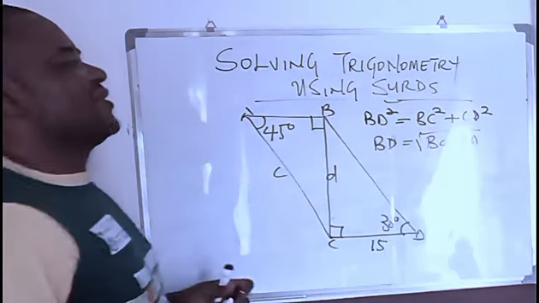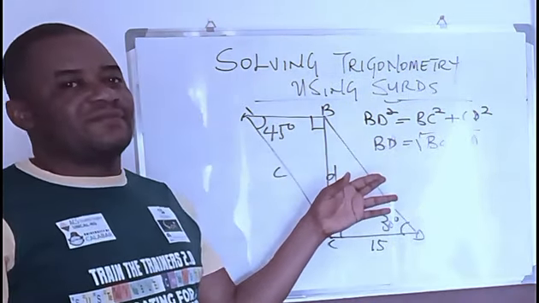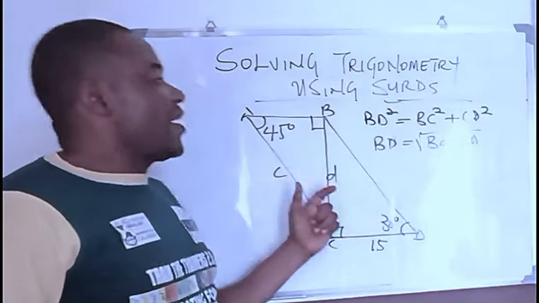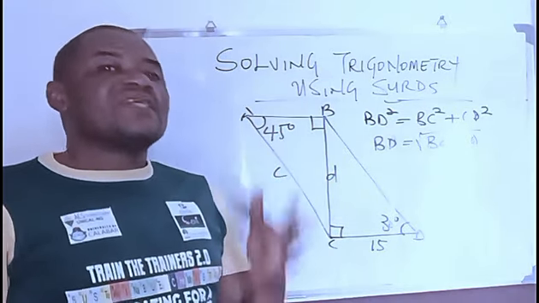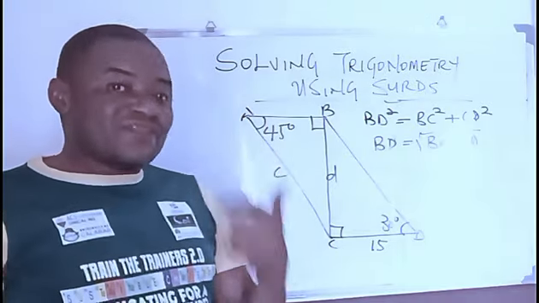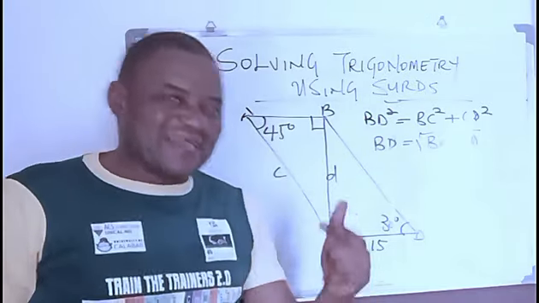Now this is the Pythagoras theorem. It says the square of the longest side in a right angle triangle is equal to the sum of the squares of the two shorter sides.